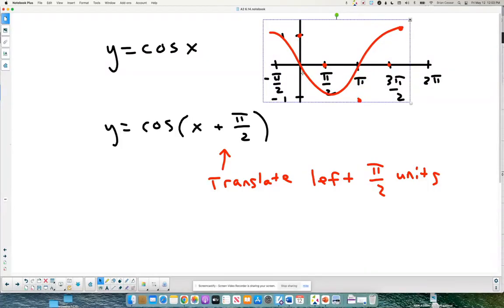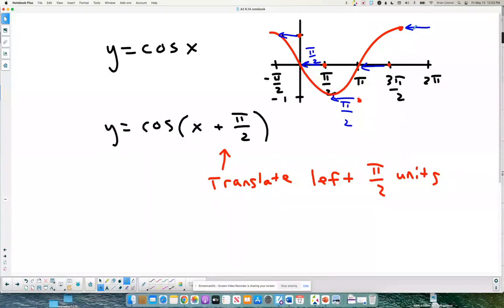Okay, everything moved to the left pi over 2 units. All right, every point moved left pi over 2 units. All right, so you kind of got a good idea of what's going to happen there.